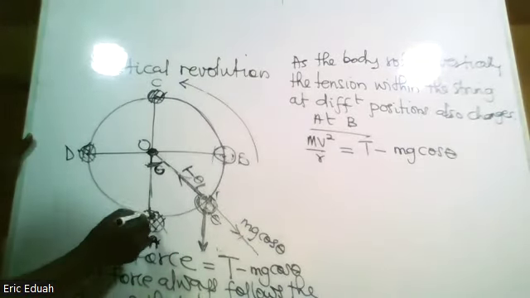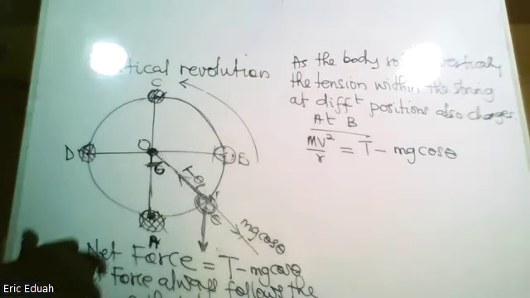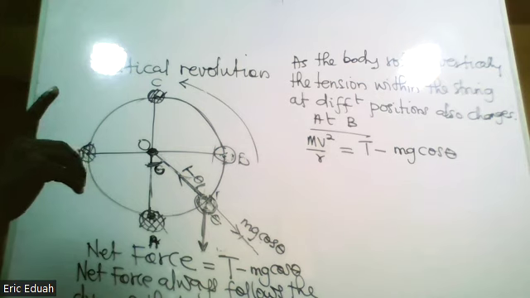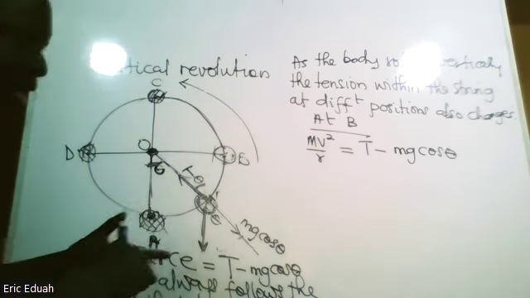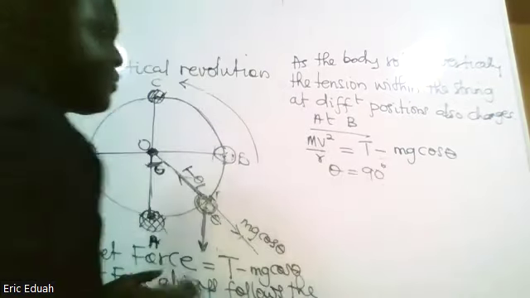Now, when the body moves from A to B, what angle has the body covered? 90. So when the body moves from A to B, theta is equal to 90 degrees.